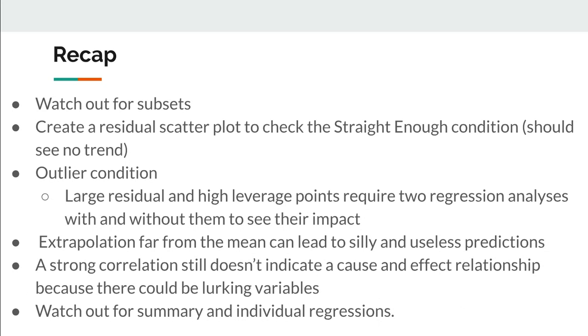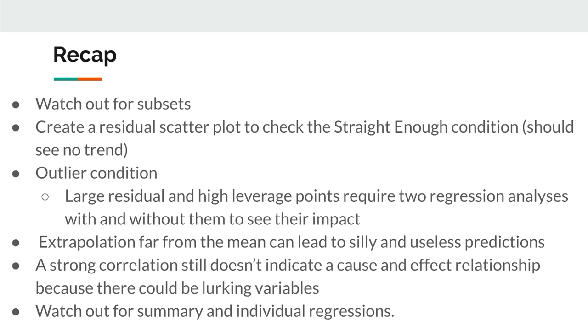A strong correlation still doesn't indicate a cause and effect relationship because there could be lurking variables. So always know that you can never be 100% positive of a cause and effect relationship, because there is always something there that could be affecting the way the data came out and all of the results.